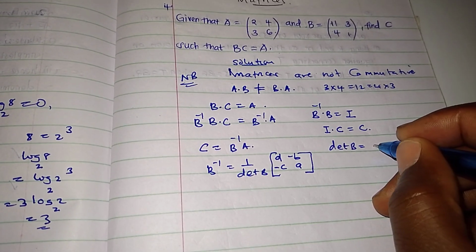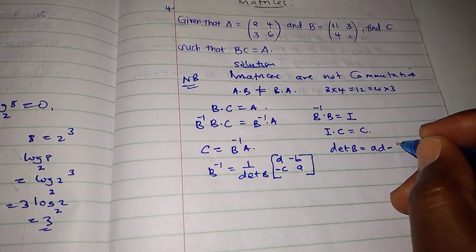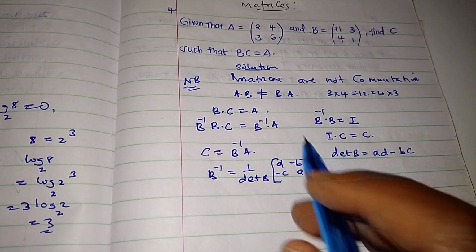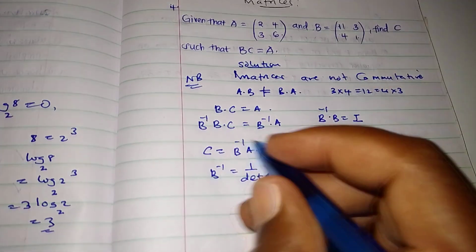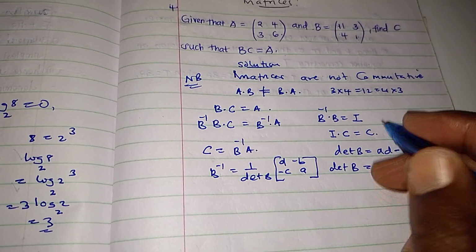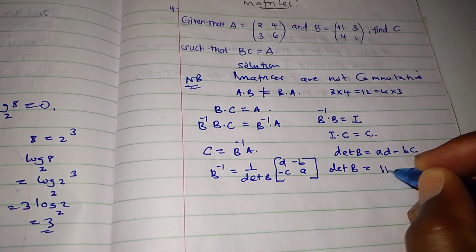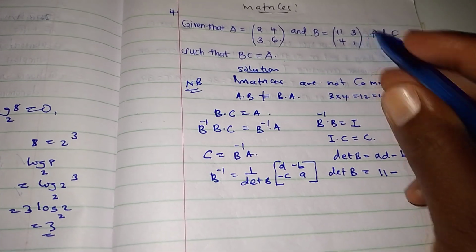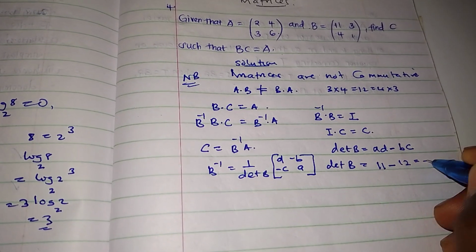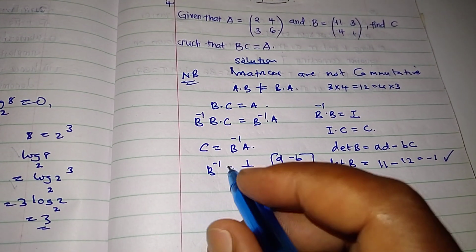It will be the product of A and D subtract the product of B and C, and those are the elements we have in B. So very quickly, the determinant of B will be 11 times 1, that is 11, minus 4 times 3, which is 12, and this is negative 1. Okay, that checks.